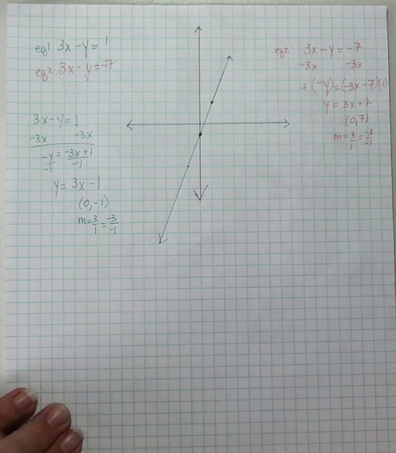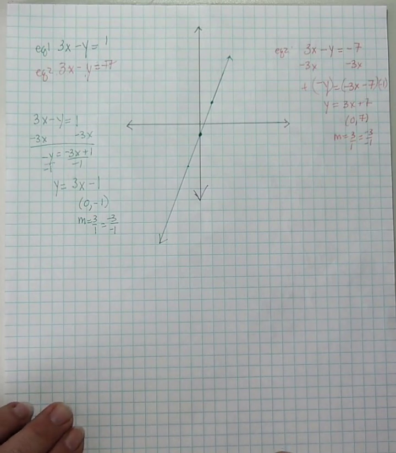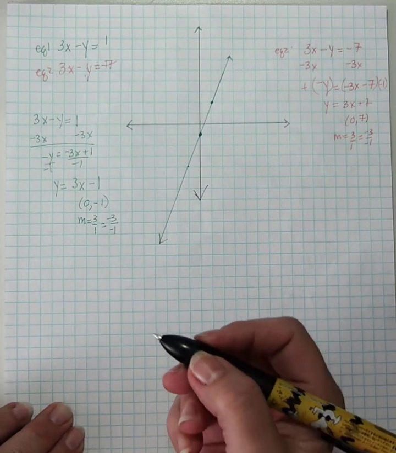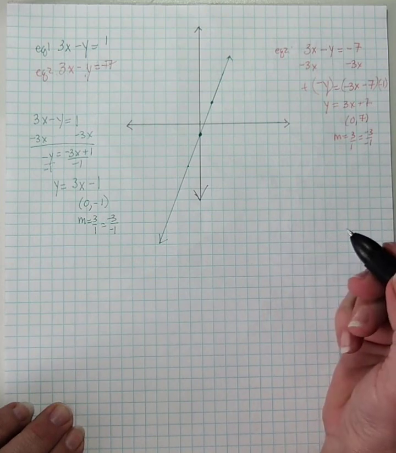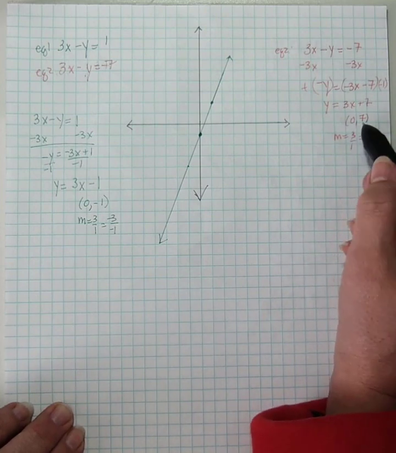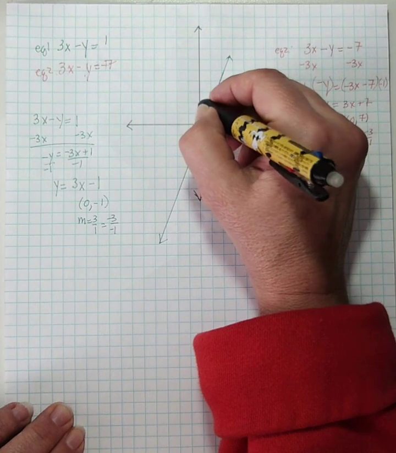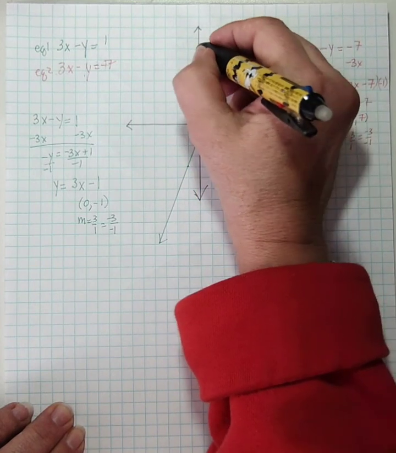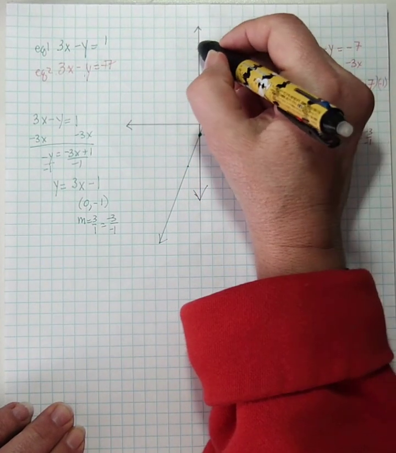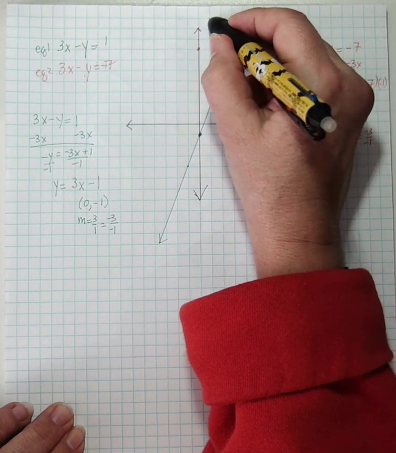Our slopes are the same. We have parallel lines. This is going to tell us that we have an inconsistent system, that there are no solutions, because parallel lines never meet. So even as I plot this, I'd go to 0, 1, 2, 3, 4, 5, 6, 7. I use the slope of 1, 2, 3 over 1.